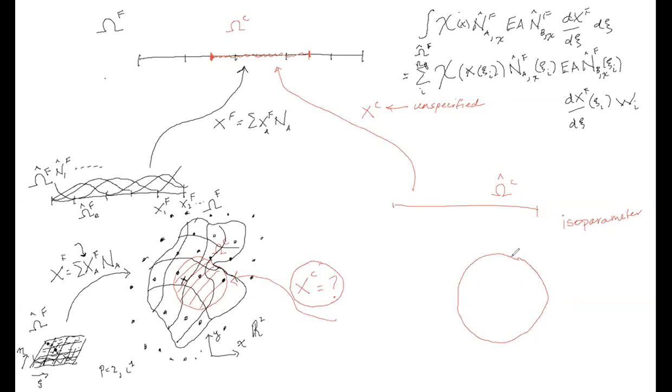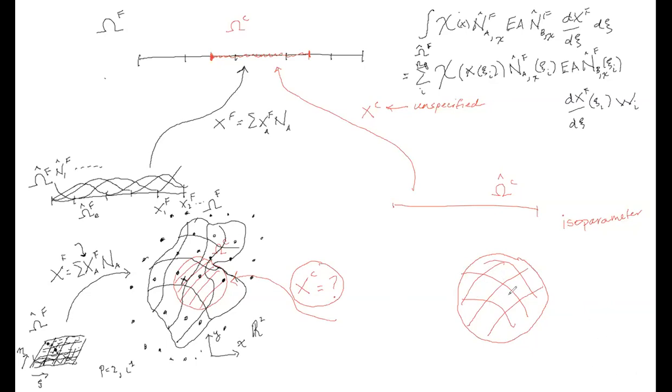So I have a circle in physical space, but I couldn't, for example, do this. I don't know what the isoparameter lines are because I don't even know what the parametric domain was that defined the circle. I don't know what kind of a function mapped the parametric domain into the circle.